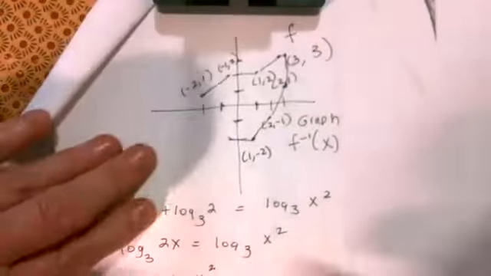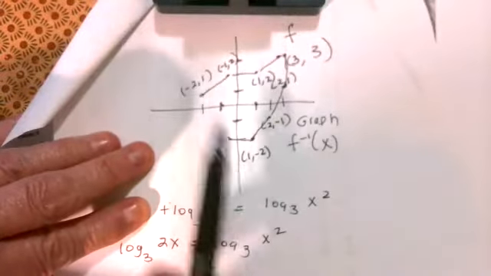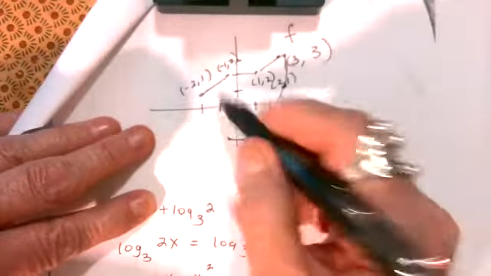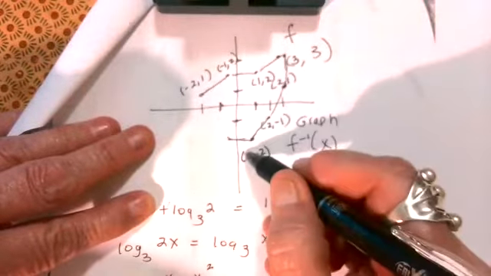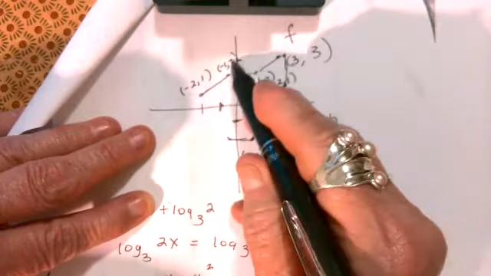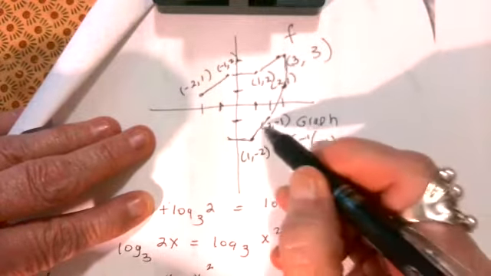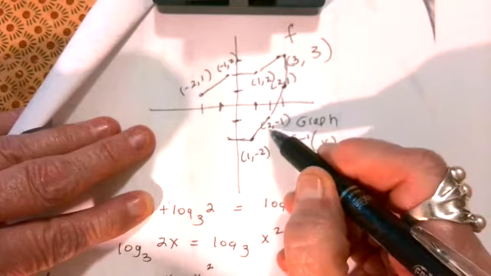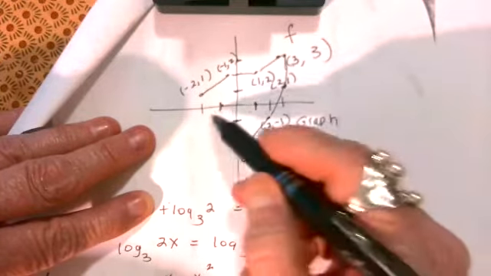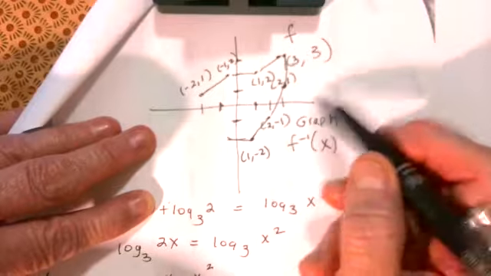There could be a problem, like we said, where they give you a graph of f and then you've got to find the graph of f inverse. So if you've got the point -2, 1 on f, you're going to have the point 1, -2 on f inverse. Whatever points are up here, you just interchange the x and y, and that point's going to be on f inverse. This doesn't look very good.